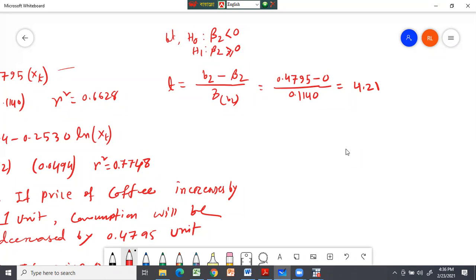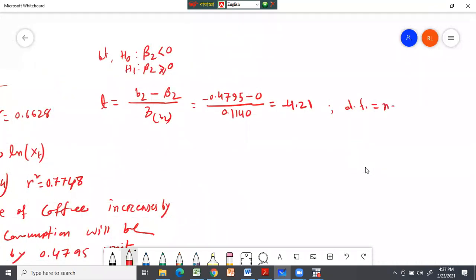Should the value be taken as negative? Yes, the minus sign will be there by default, so it is minus 4.21. For a one-tail test, we only look at the negative side. In the statistical tables at the end of your text, under the critical values of t, what will the degrees of freedom be?